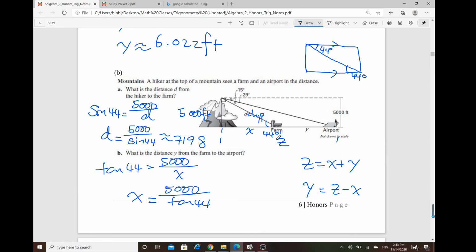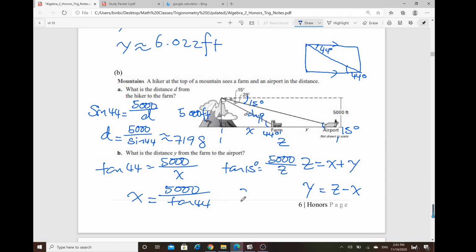And then the other one, for z. So this whole triangle here. We know this angle here is 15 degrees. In order to get the bottom base angle, from the top of the mountain all the way to the airport, we're using the alternate interior angle, 15 degrees. So that will be tangent as well: tangent of 15 degrees equals 5,000 divided by z.